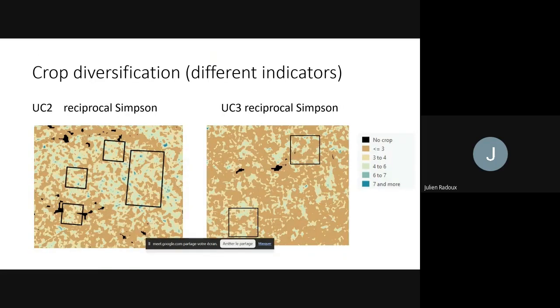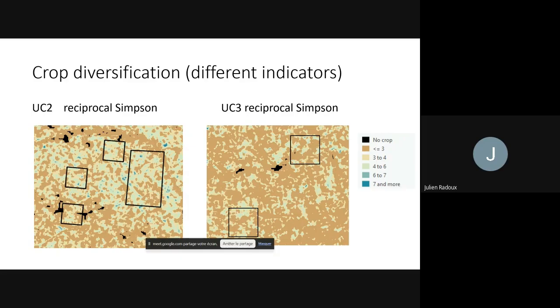Another thing that can be mapped is the crop diversification. Again, there we all agree that diversification is good, but we don't have the same indicators. On the right you have Romania, and on the left you have north of France. You see that for the same indicator we have different values. Like in Romania, it's less diversified than in France.